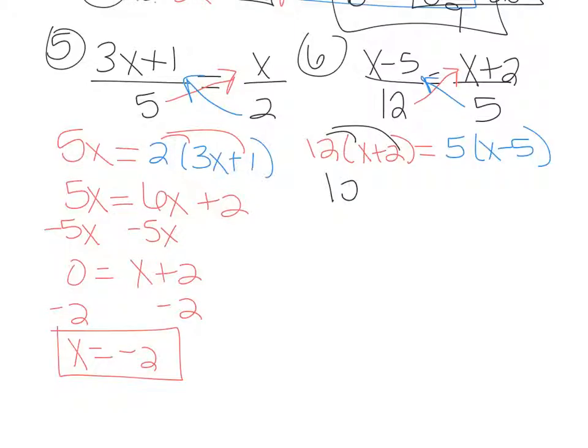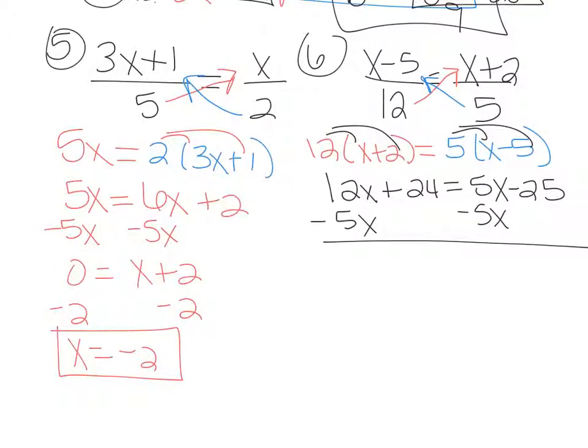So I get 12x + 24, and on the right-hand side 5x - 25. Once again I have x's on both sides of my equal sign. Which direction do you want to move them? To the 12x. So I'm going to subtract 5x from both sides. 12x minus 5x gives me 7x + 24 = -25, and then what would you do?